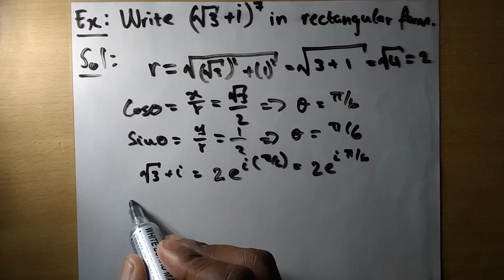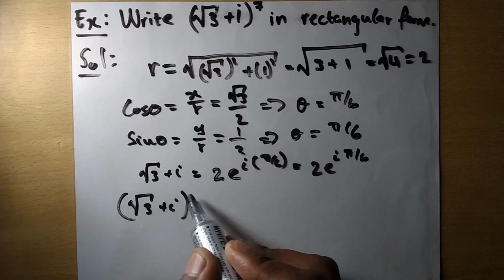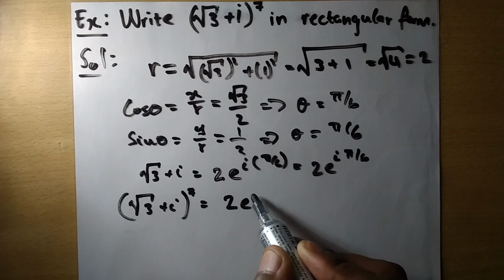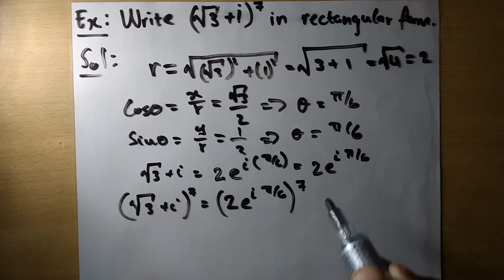Now the square root of 3 plus i, to the 7, is equal to the same thing, 2e^(i pi/6), with everything raised to the power of 7.